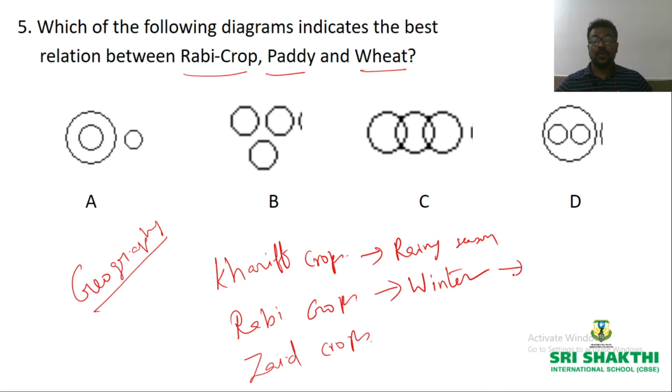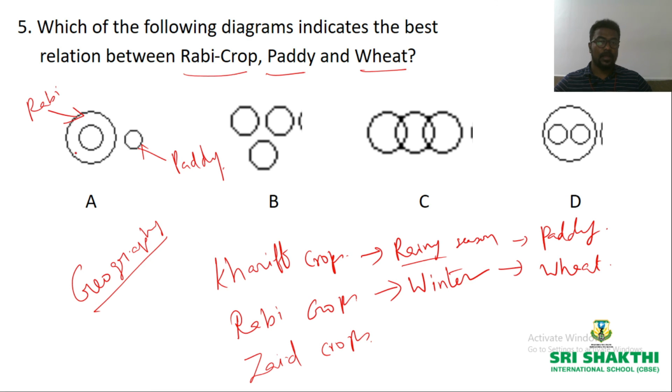We are well aware that paddy requires more water, which grows in the Kharif rainy season, and wheat requires considerably less water, which grows in the Rabi season. So wheat is considered a Rabi crop, and paddy is considered a Kharif crop. So here we can separate paddy as a separate circle, and the outer circle represents Rabi crop and the inner circle represents wheat. So the correct answer for this question is option A.